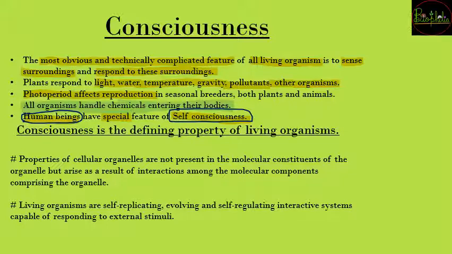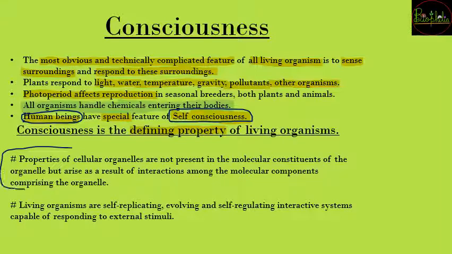Now consciousness, because it is present in all organisms without any exception, you call it a defining property. But अगर क्वेश्चन ऐसा पूछा जाए कि सेल्फ कॉन्शियसनेस डिफाइनिंग प्रॉपर्टी है या नहीं, then you would answer that self consciousness is not a defining property because it is present only in human beings and the rest of the organisms do not have self consciousness.